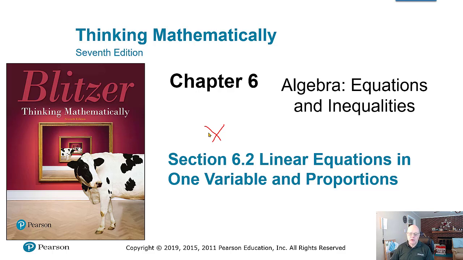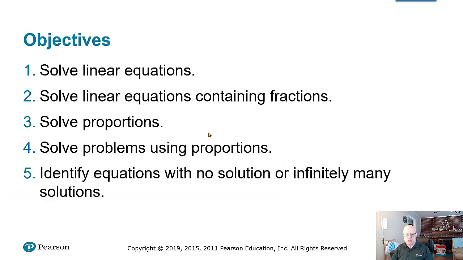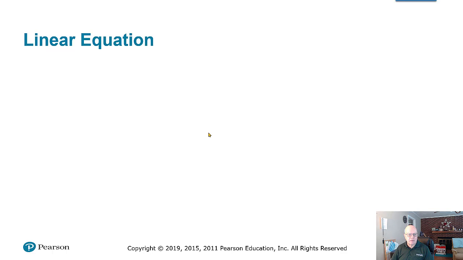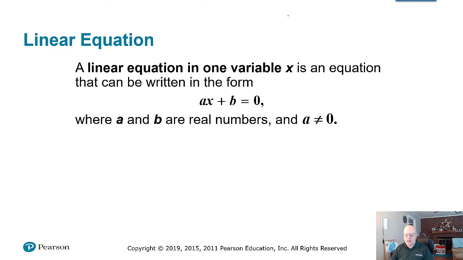Here we go. Linear equations in one variable and proportions. Those are the 5 sections we're going to go, and here we go. All right, linear equations, what do they look like? Well, this is what they look like right here. The important thing to note is that there's only one variable, that's the x.